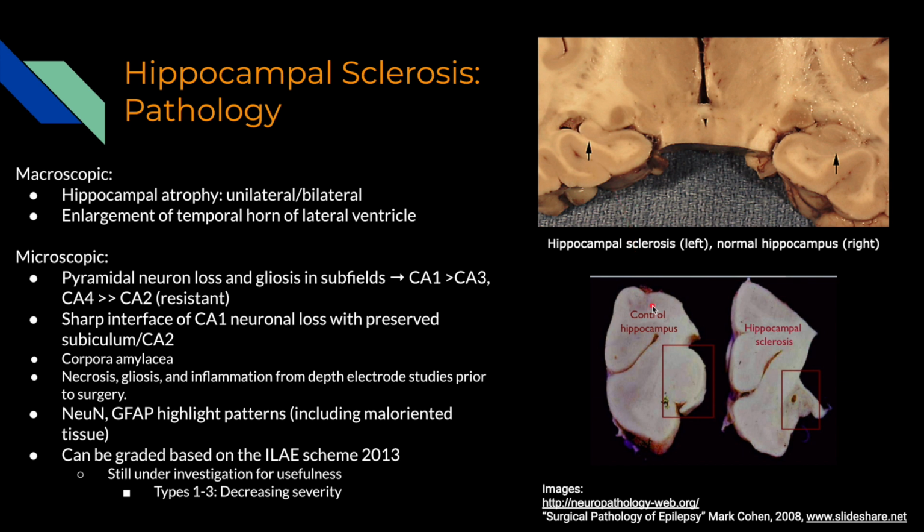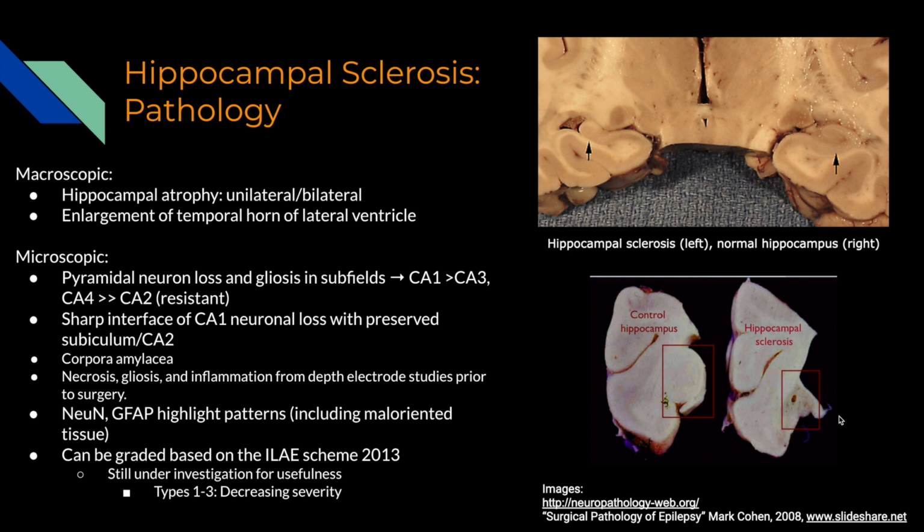This is more of a surgical specimen that you would expect. Again, you see this collateral sulcus. You see the fusiform gyrus here, the parahippocampal gyrus, and you see a nice beefy hippocampus here, and here's a patient with hippocampal sclerosis, and it's completely atrophied, it's discolored, so that really is the macroscopic finding of this disease.